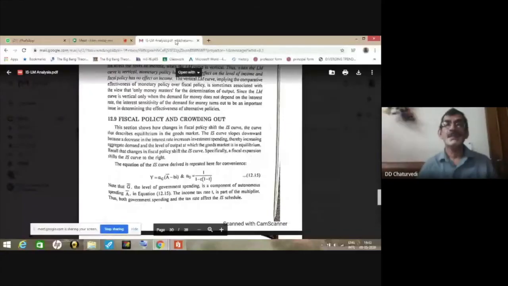Here G bar is the government spending, A bar is autonomous spending, and t is the income tax rate. Alpha G is the multiplier, the government expenditure multiplier. Now students, we discuss what happens when the IS curve shifts to the right. With an increase in government spending, the IS curve will shift to the right.